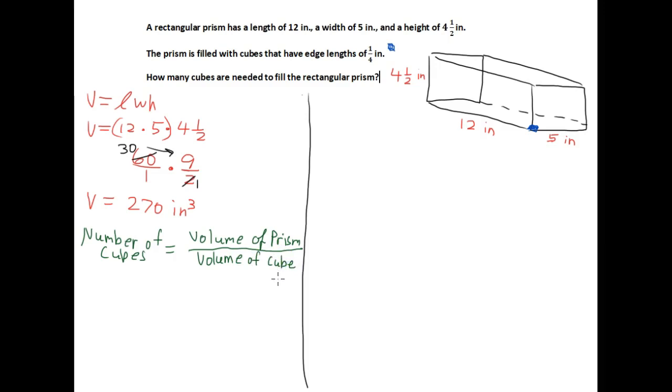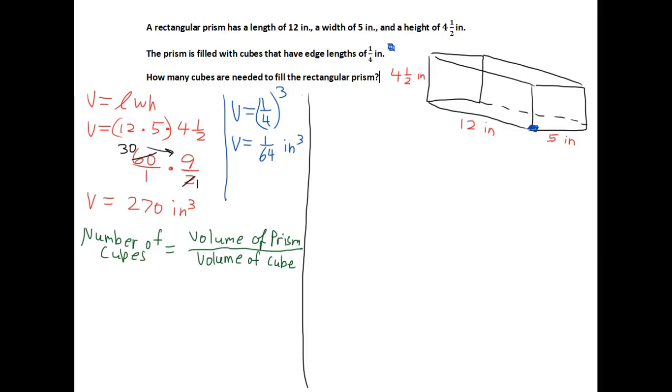One small cube. Okay, so the volume of the small cube, let's find that real quick. V of the cube, that's 1/4 times 1/4 times 1/4. That's the volume of a cube. It's a side cubed. So the volume of the cube is 1/64 cubic inches.